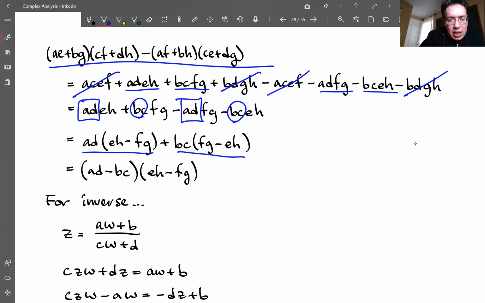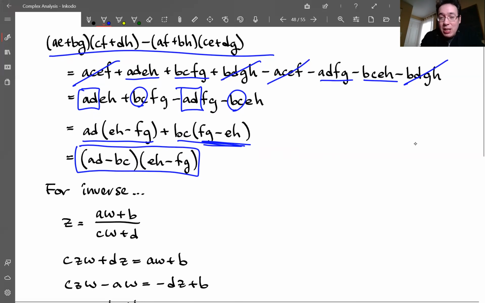And you can see that EH minus FG is the negative of FG minus EH. So pull the negative sign out and we can factor out EH minus FG. This is the final expression we have. So what does this say?